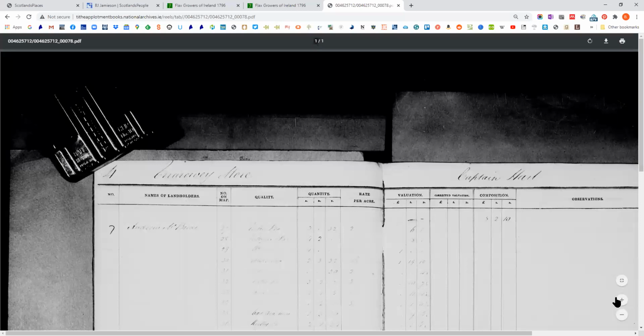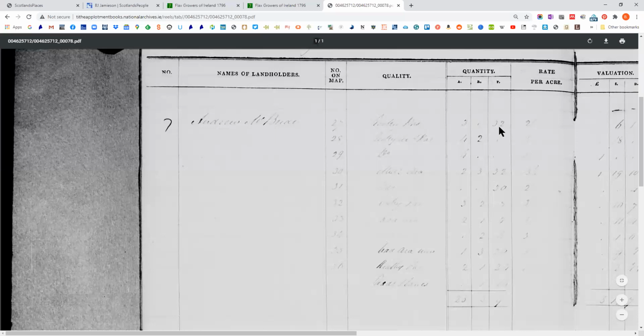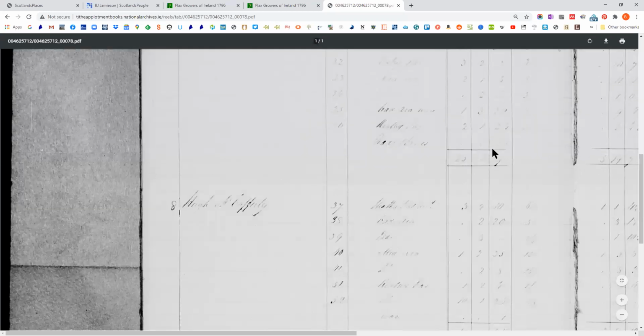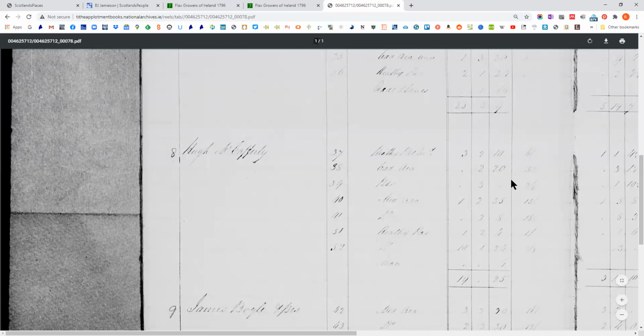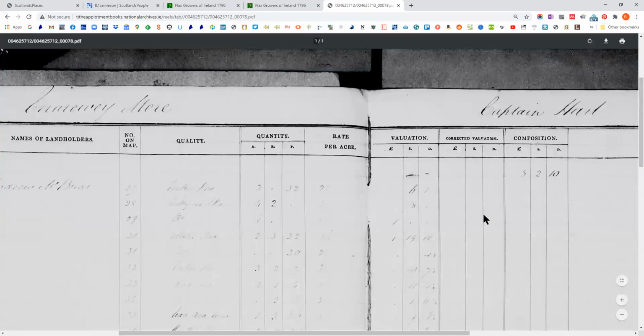and this has also been printed up. So if you get one where it's kind of hard to read, you can find a printed version online as well. But you get the name of the landholder, you get the bits of land. They rank the land by quality, and the tax varied based on that. So again, you're able to see the names of the people and to get an idea how they were doing compared to their neighbors.